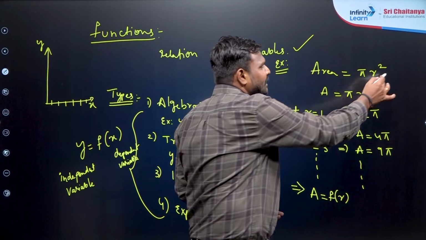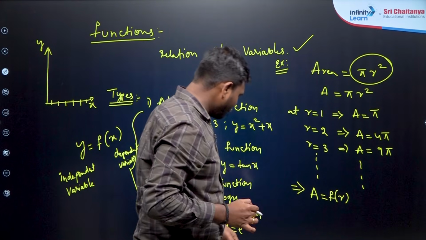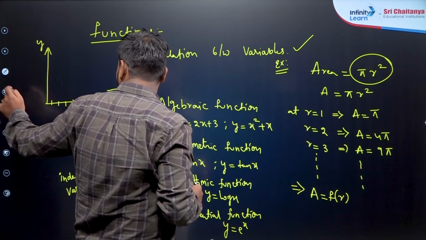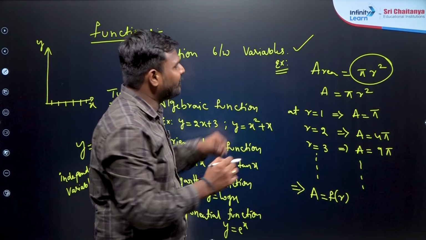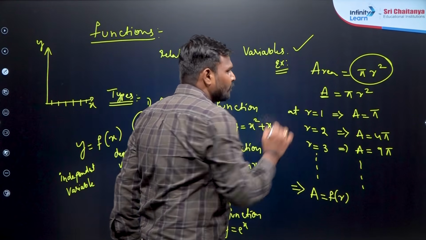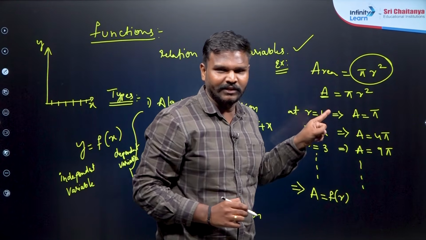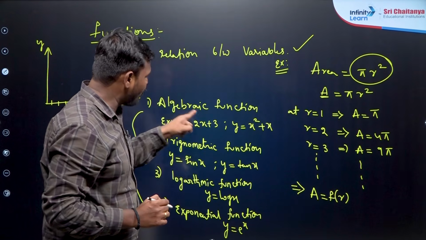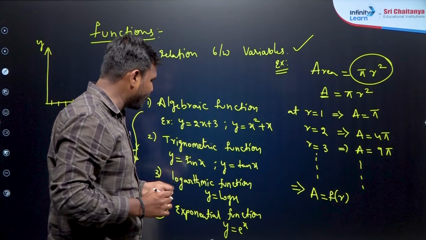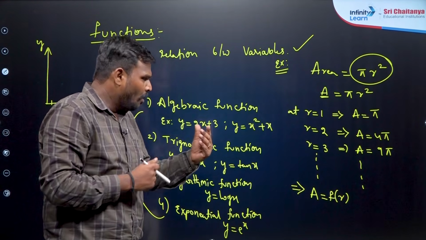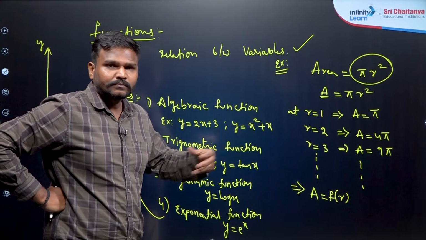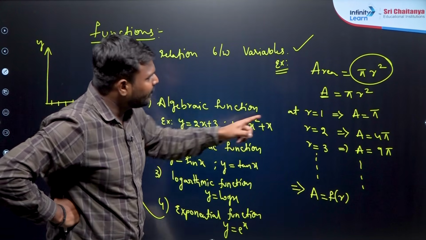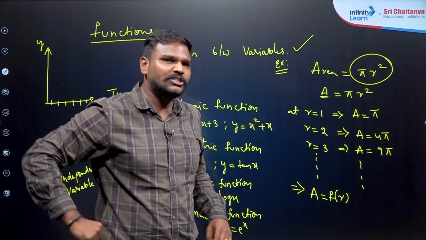The right hand side variable is an independent variable. It is what variable, sir? Independent variable. Whereas the left hand side variable depends on the function, whether it is an algebra function or trigonometry, or how the variable is changing, accordingly the variable will change.